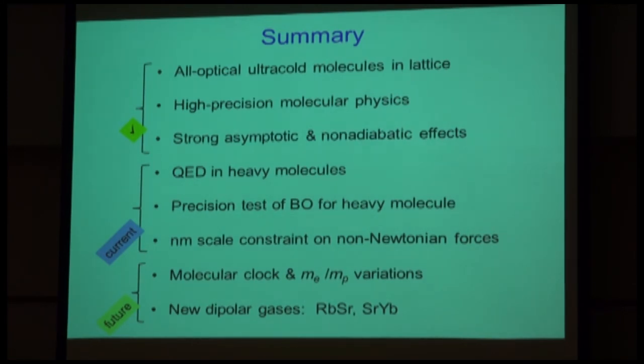But I don't think the issue is so much whether it's Lamb-Dicke, it's whether it's predominantly in the ground state. So perhaps the right language would be, is it in the ground band of the lattice? And when you make a transition, can you make a transition to the vibrationally excited molecule being in the ground band?